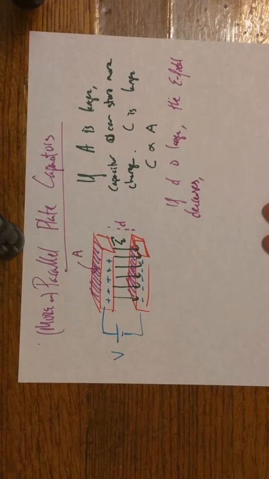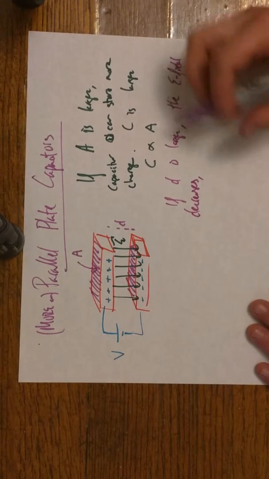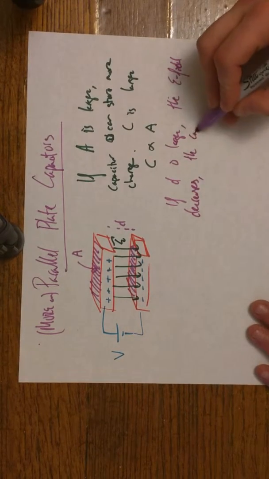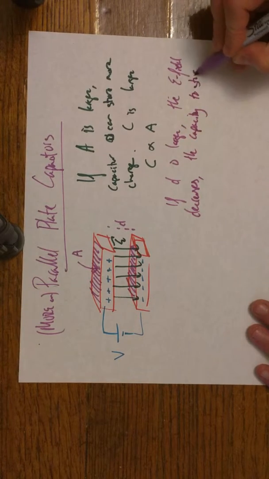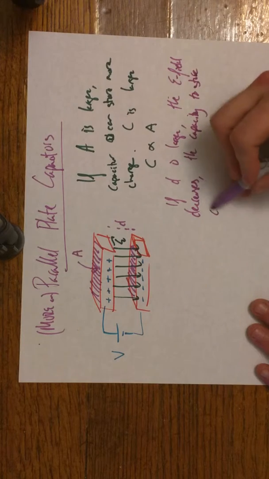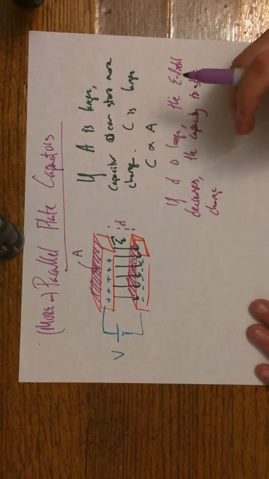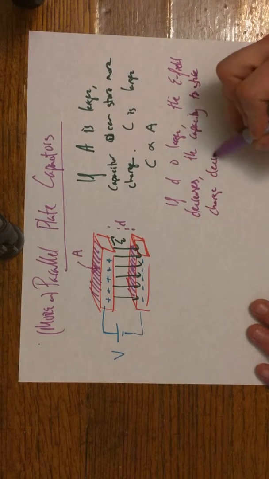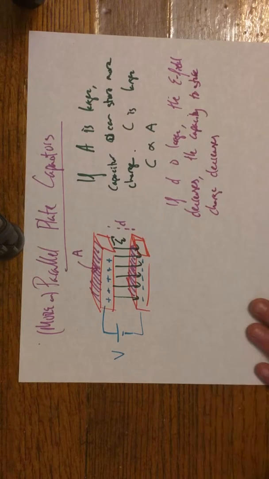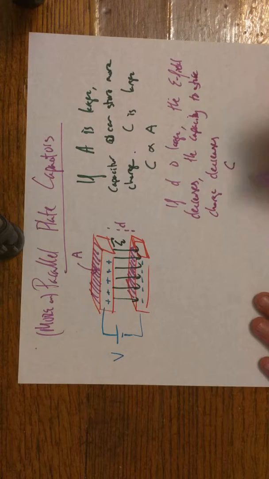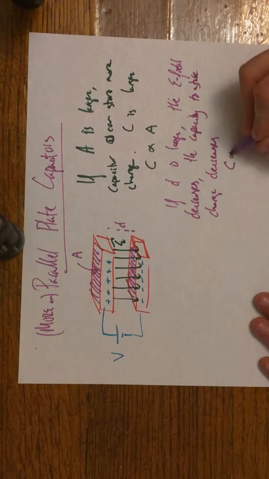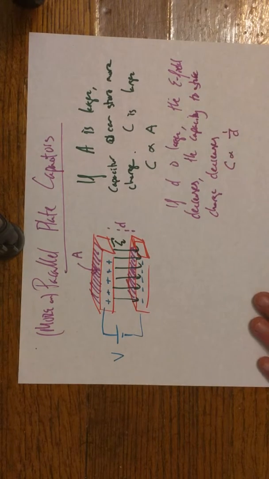And if that's the case, then the capacity to store charge also must decrease. So my relationship here then is that the capacitance must be proportional to 1 over the distance.